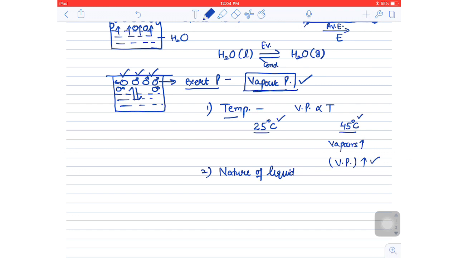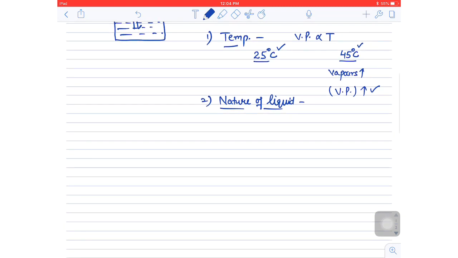So we all know different liquids have different types of interactions between them. If we take water, which has hydrogen bonding between the water molecules, and another liquid like acetone, it does not have hydrogen bonding, but it does have dipole interactions.